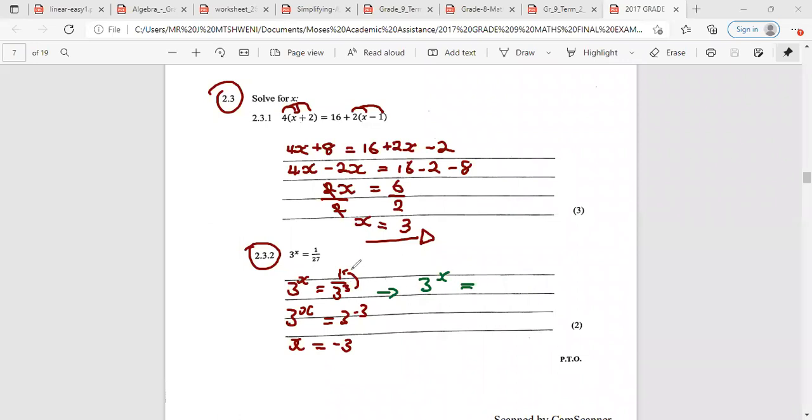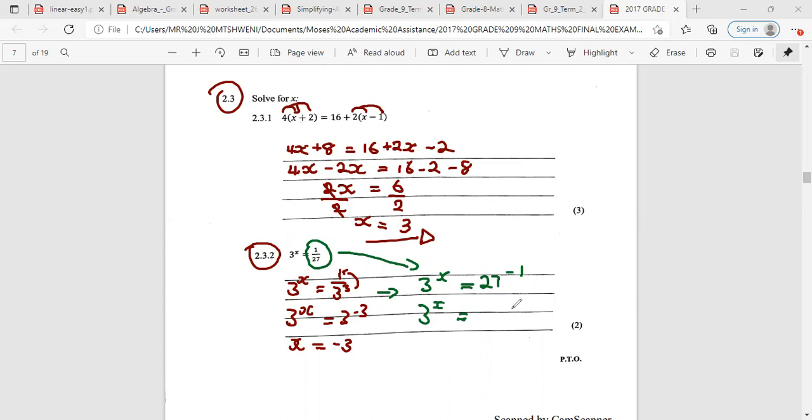From here, I'll move from here to here. Then when you want to write 1 over 27 in an exponential form, it is the same as 27 to exponent minus 1. When you punch this on a calculator, you get 1 over 27. So from there, you say 3 to exponent x equals to what?